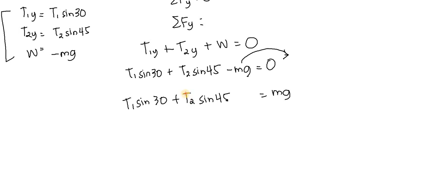Of course, it's hard to deal with two variables, so we have to make the same variable. We can substitute the T2 that we solved a while ago.